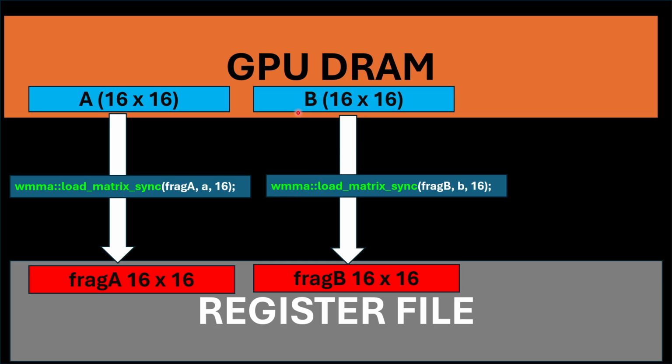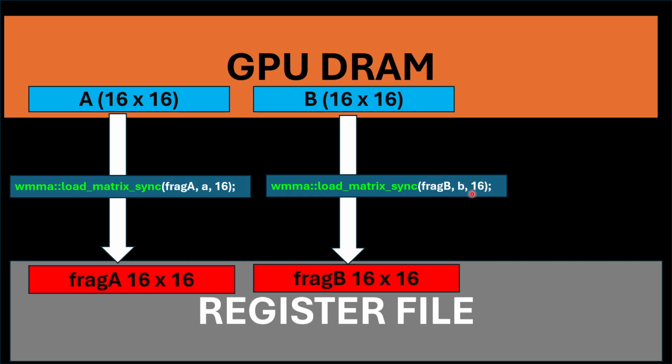We are doing something similar with matrix B, which is the same size as fragment B. From the location where the B pointer is pointing, we pick up column by column, as defined, and each column has 16 elements.